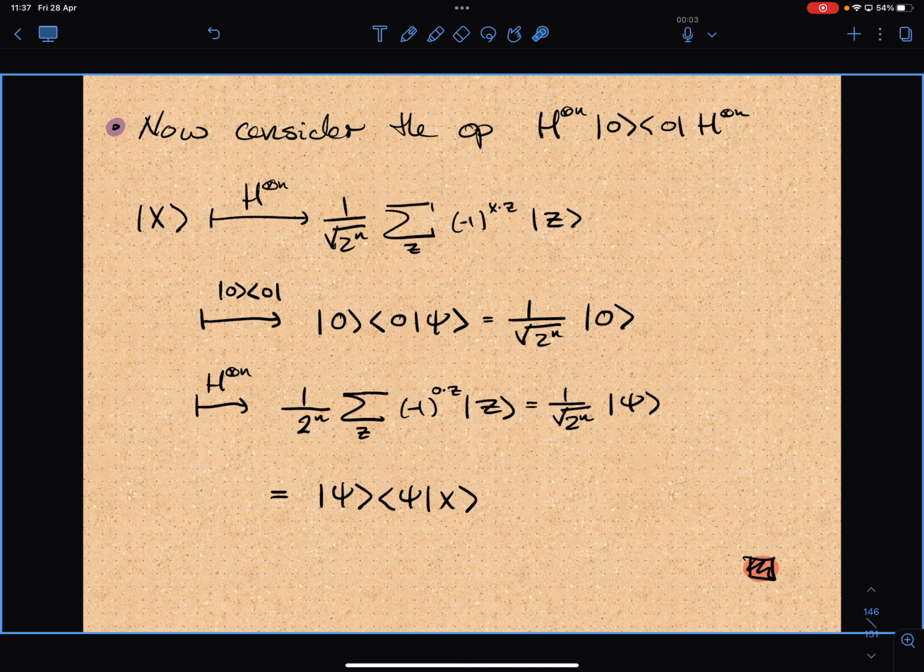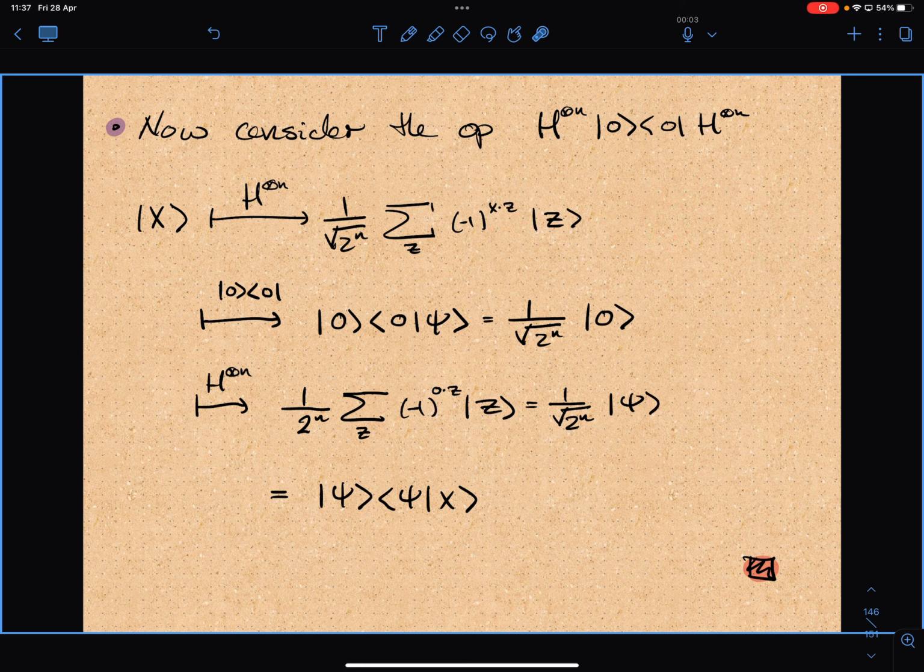What that means is that I'm applying the 0 on the dot product 0, and that's only going to be equal to minus 1 to the 0 dot z when z is equal to 0, and 0 when z is not equal to 0 due to the orthonormality. And this is equal to 1.